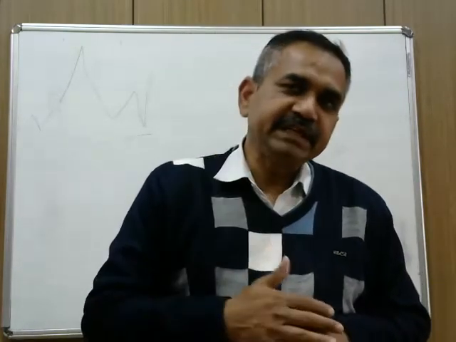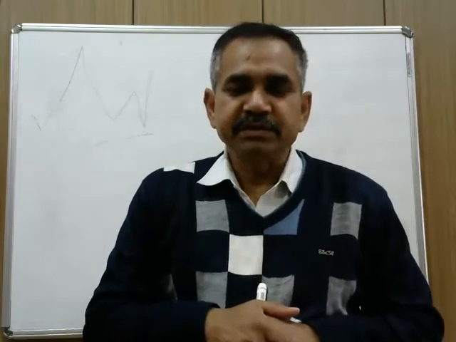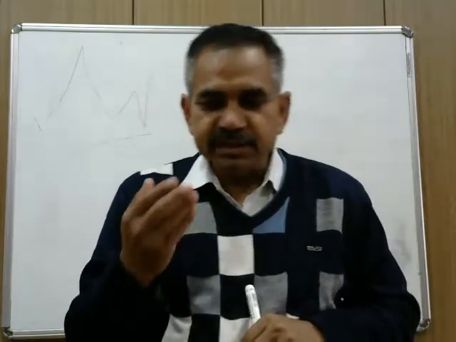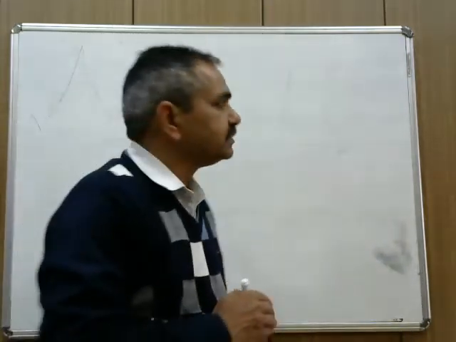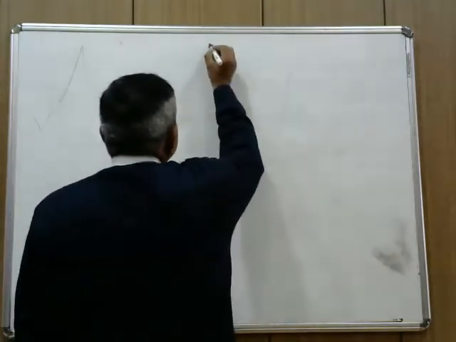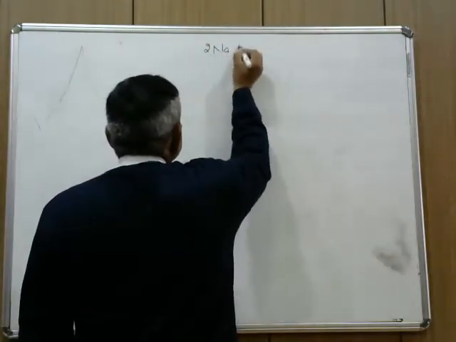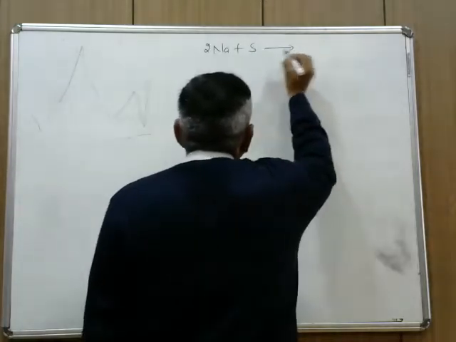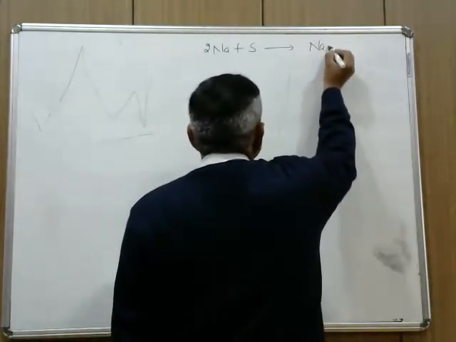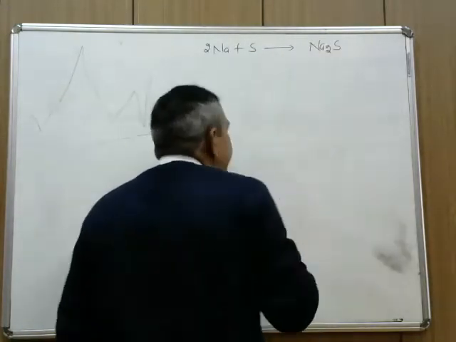Sulfur present in the organic compound is converted to sulfide ions. 2Na plus S gives Na2S.